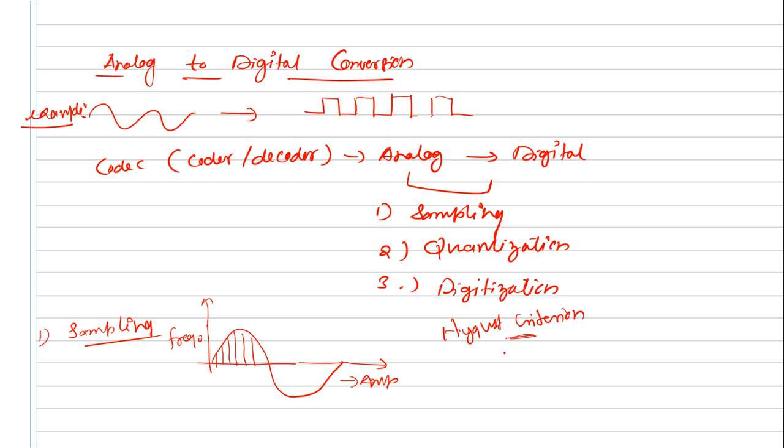I'm representing the sampling frequency as Fs. So the sampling rate should be double the frequency that you are trying to send. Then only we will be able to create this signal at your location.